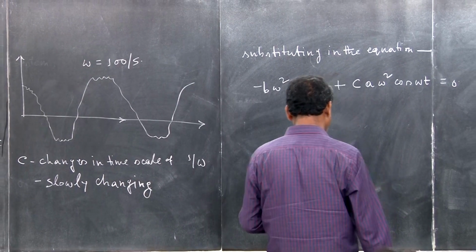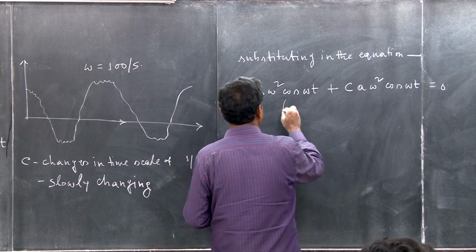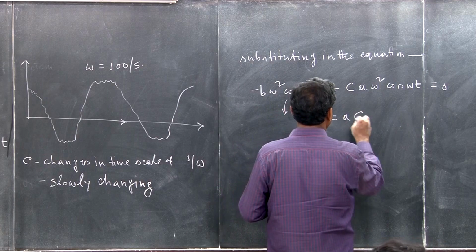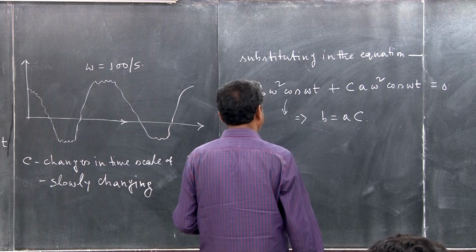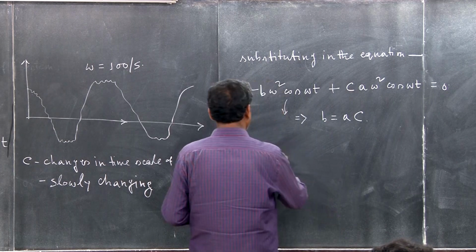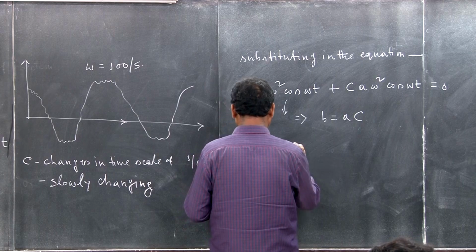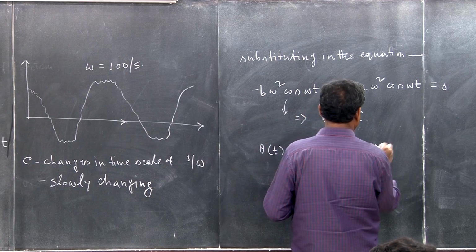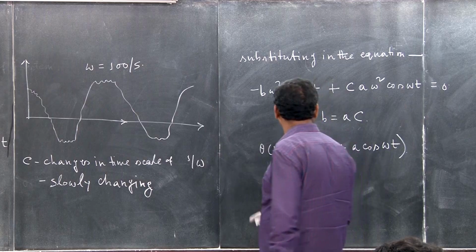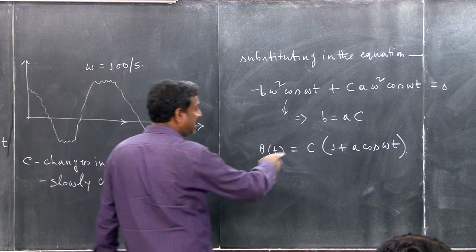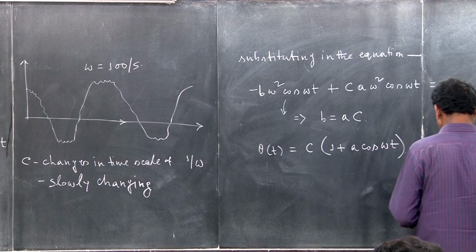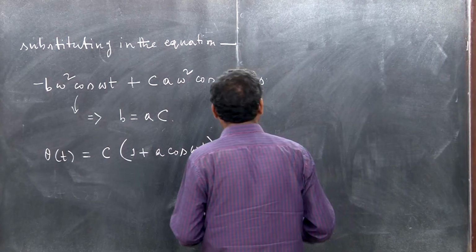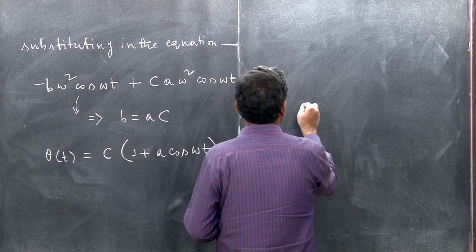Finding the leading order term, we obtain that small b is equal to small a into capital C. Small a is a small number. So theta as a function of t is nothing but C times 1 plus a cosine of omega t, because b is a into C. Now we will see how C changes with time.